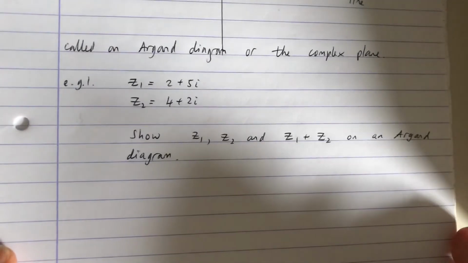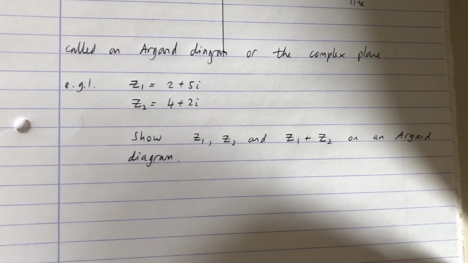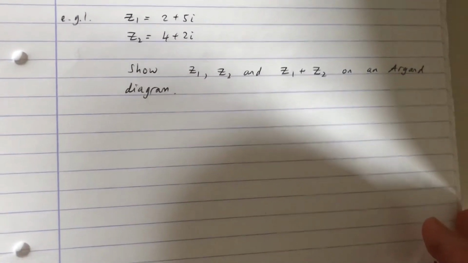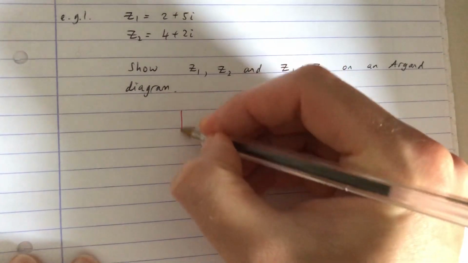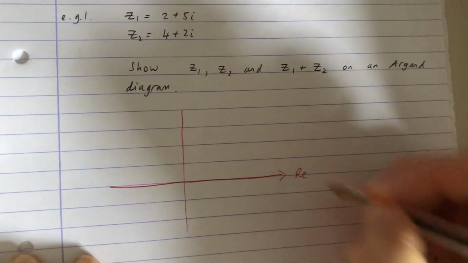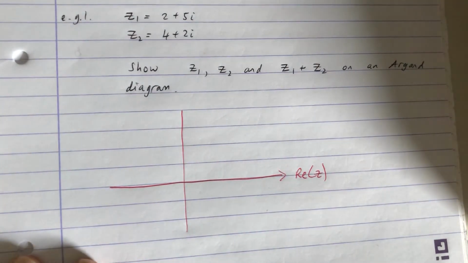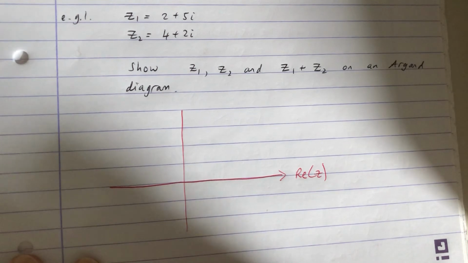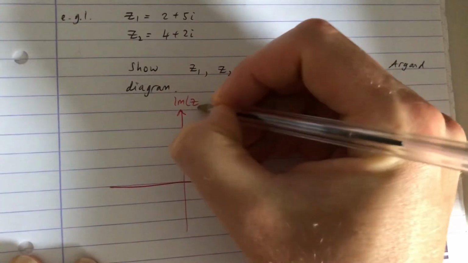Let's have a look at example number 1. We've got two complex numbers, Z1 and Z2: 2 plus 5i, 4 plus 2i. We need to show this on an Argand diagram. So you would draw a very quick real axis, abbreviated to Re(z), and then an imaginary axis, Im(z).